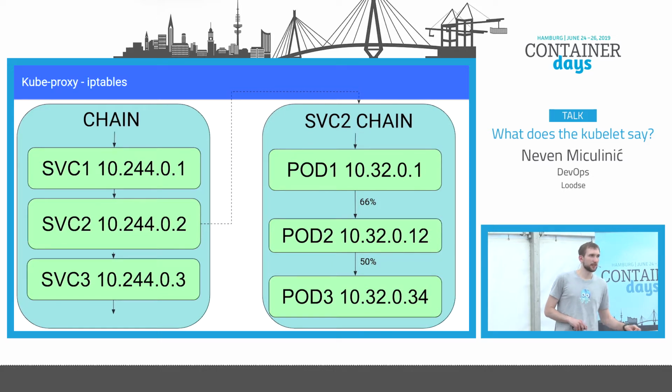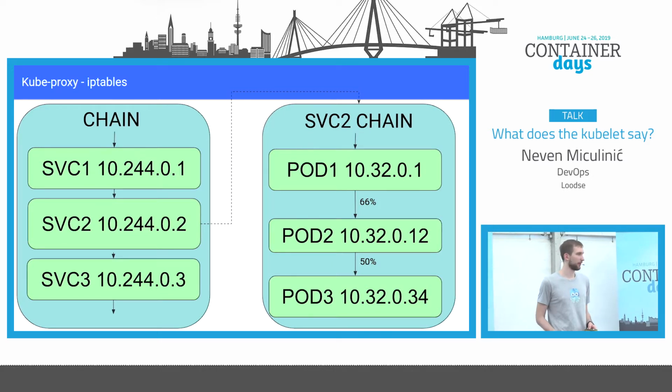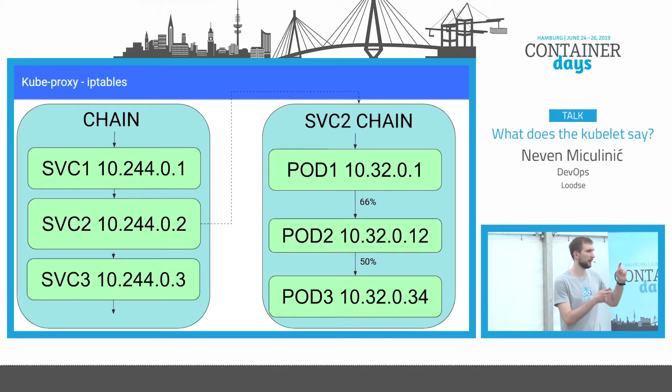Iptables mode works kind of like this. You have an outgoing chain, where each service IP is matched. So you go to service 1: is my destination IP equal to service 1 IP? Yes, no. Is my destination IP equal to service 2 IP? Yes, no. And if so, you jump to another chain.